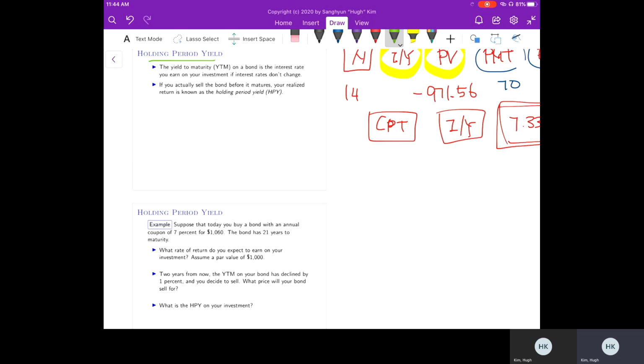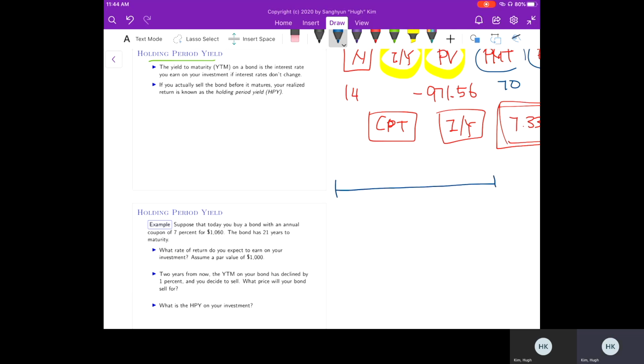Suppose that today you buy a bond with an annual coupon of 7% for $1,060. And the bond has 21 years to maturity. So this is an annual coupon bond.